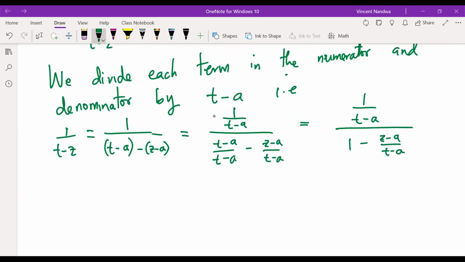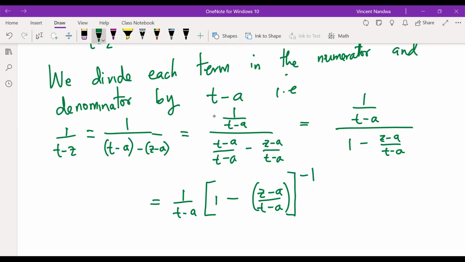So which can be written as 1 over t minus a times 1 minus z minus a over t minus a, raised to the power negative 1.